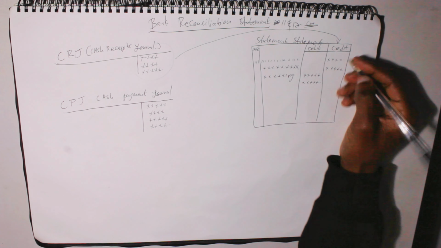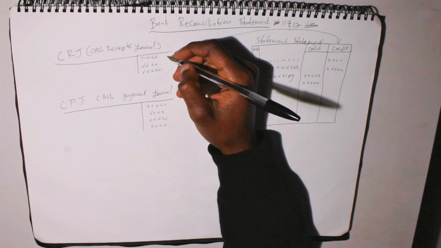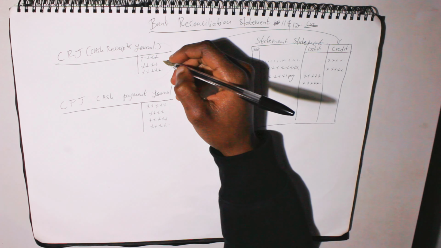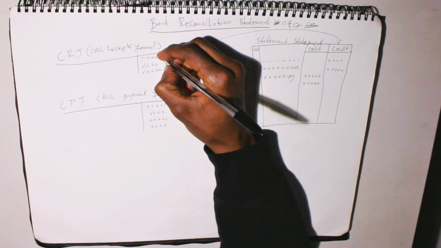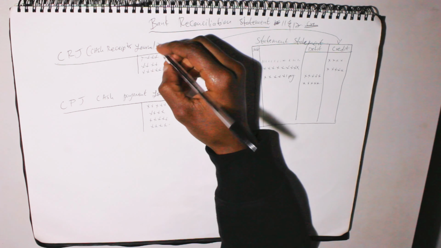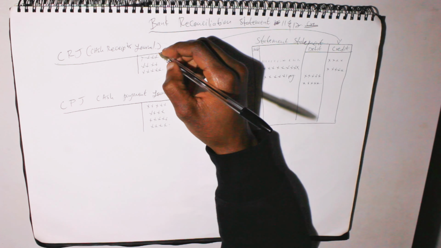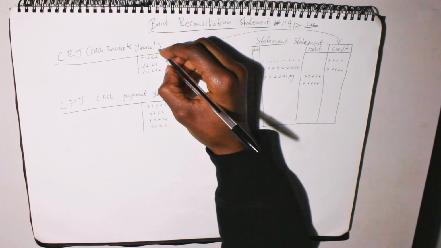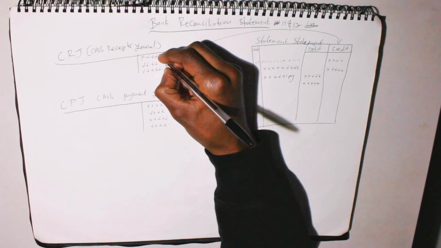So now, let's say, for example, just a simple example. Mr. Moagi bought goods and services from the business, which means money came into the business. The amount is there showing.